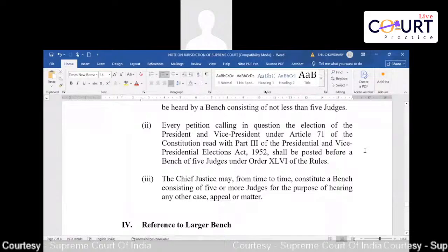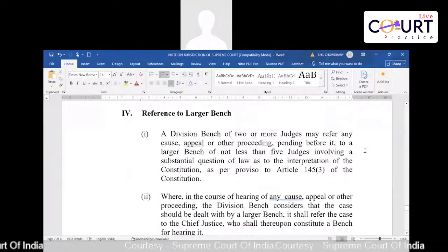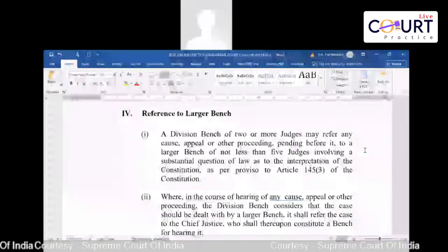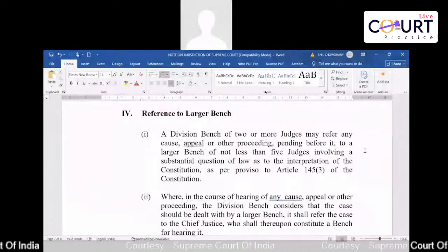The Chief Justice may from time to time constitute a bench of 5 or more judges for the purpose of hearing any other appeal. Now, when are references made to the larger bench? A division bench of 2 or more judges may refer any cause, appeal, or other proceedings pending before it to a larger bench of not less than 5 judges involving a substantial question of law as to interpretation of the Constitution, which we discussed.